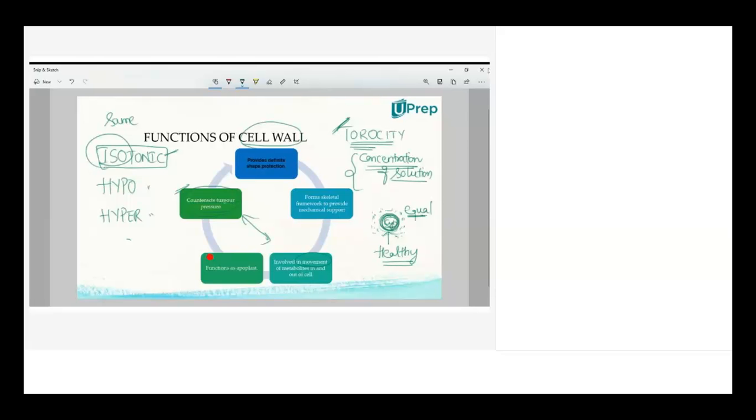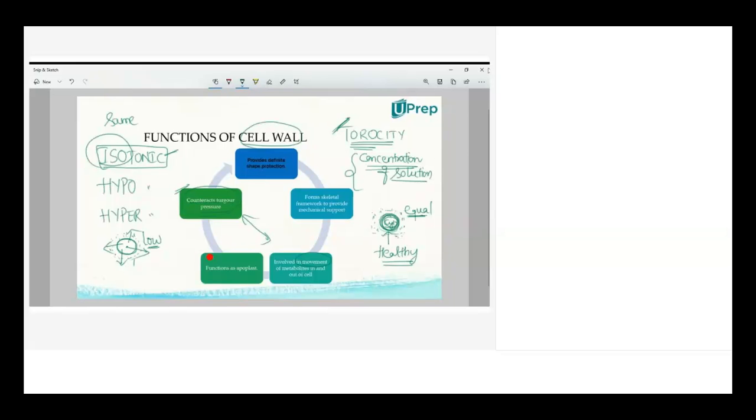So here comes the explanation of turgor pressure. Assume that this is the cell around which you are having a cell membrane. Okay, so here when the surrounding solution is having high concentration of molecules, using the high concentration of molecules around the plant cell.